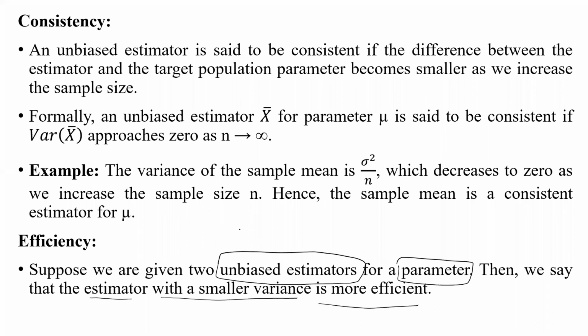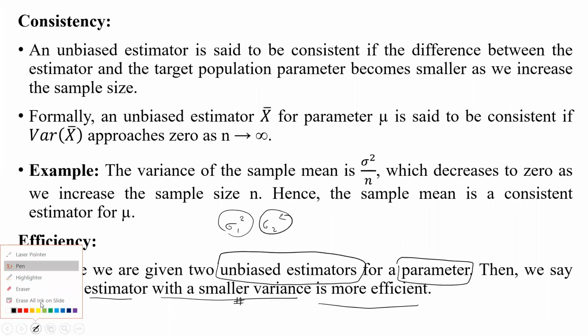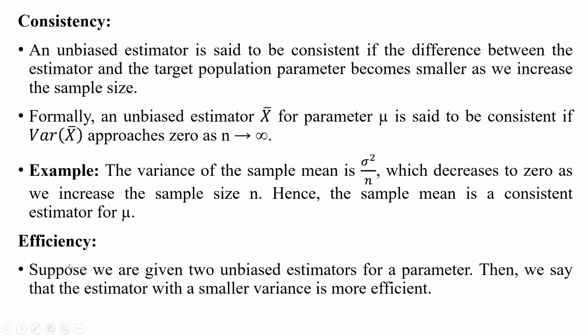If we have two estimators with variances sigma 1 square and sigma 2 square, whichever has the smaller value, that sigma 1 square is more efficient. So you have to look for the smaller variance. That is the meaning of efficiency. That is the only definition you have to look at.